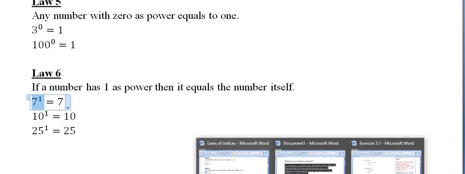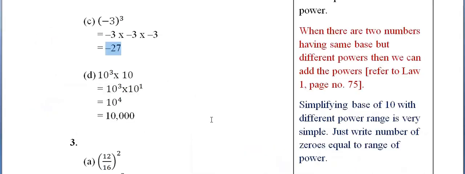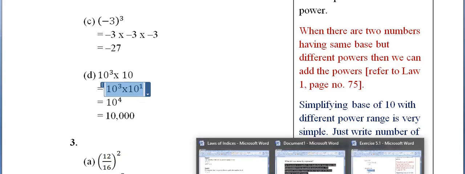So in question 2D, it's written as only 10, which means this number has a power of 1. So we can write it as 10 to the power 3 multiplied by 10 to the power 1. Now we can use the property 1, law number 1.